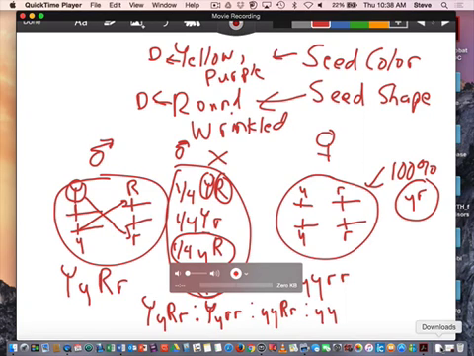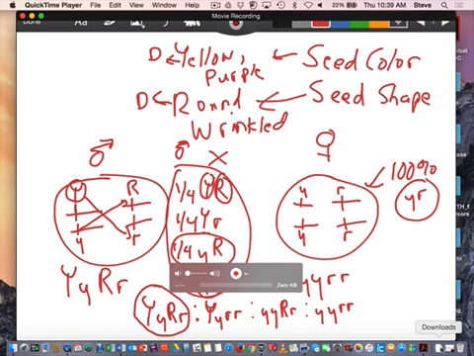Small y, small r, small r. So those are the 4 possible genotypes that you get from that cross. What are the phenotypes of each one of those? That's going to be 1/4 expectation from that cross in terms of the phenotype of the offspring.